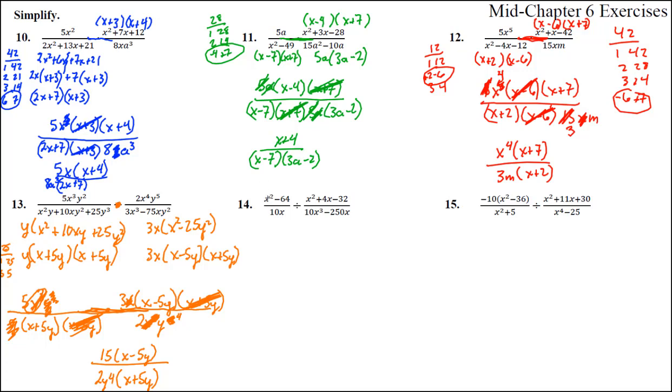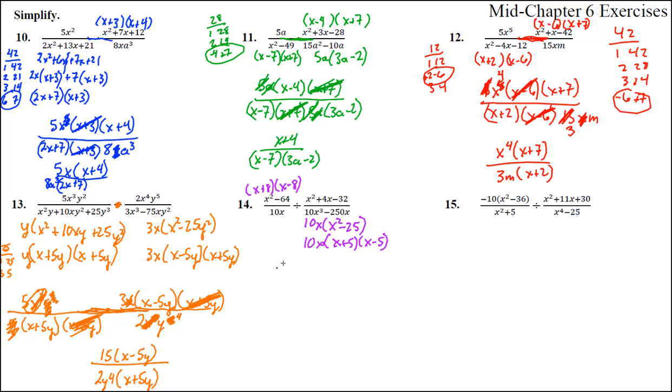Okay, number 14. Factoring, this is a difference of squares, so that's x plus 8, x minus 8, good. And on the bottom here, we can take out a 10x to begin with, and we're left with x squared minus 25, right? We took the x out, so that is x plus 5, x minus 5, again, difference of squares.